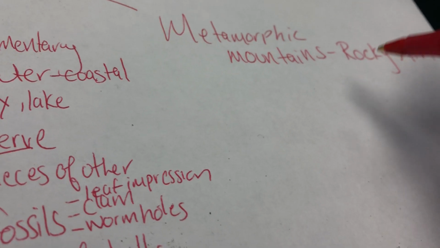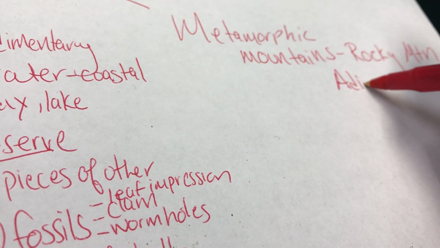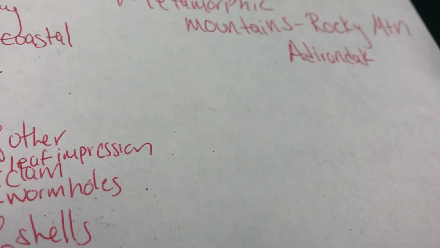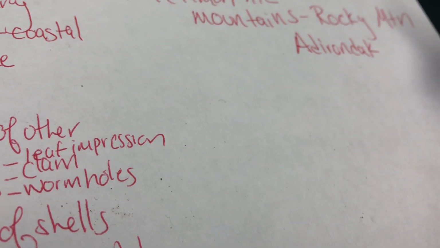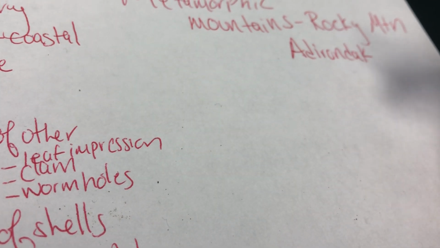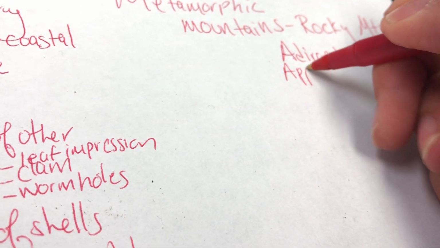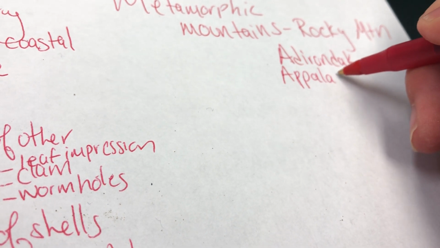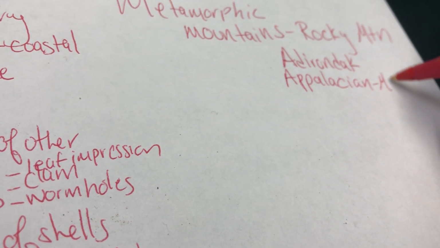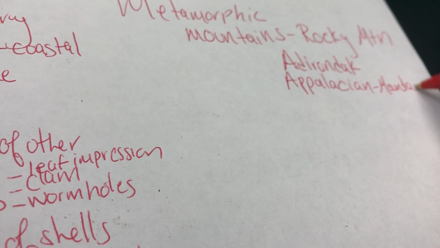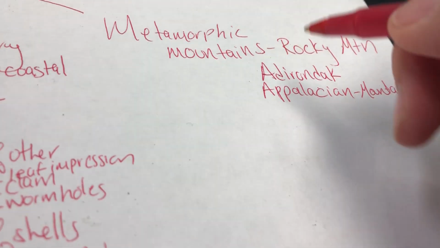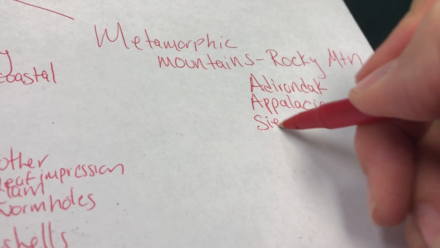And then there's also the Adirondack Mountains, which are found from New York all the way down to Tennessee. And we call that the Appalachian mountain range. There's also some rocks in California called the Sierra Nevada.